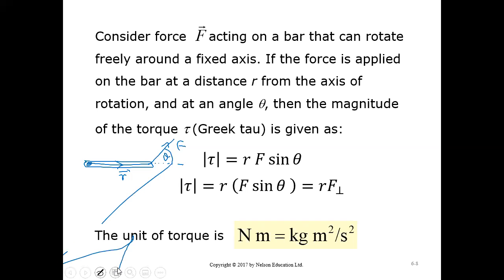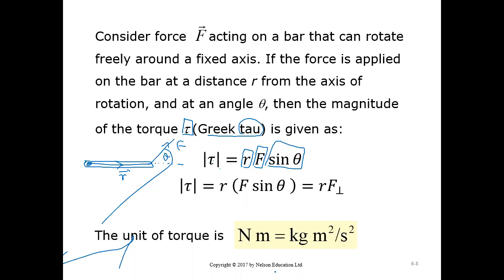Then we say the torque, for which we use the Greek letter tau, is equal to r, which is the distance to where the force is applied from the axis of rotation, multiplied by the magnitude of the force, multiplied by sine of the angle between r and F. What is theta?